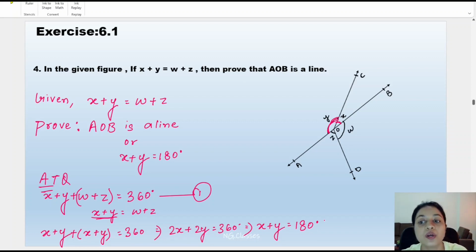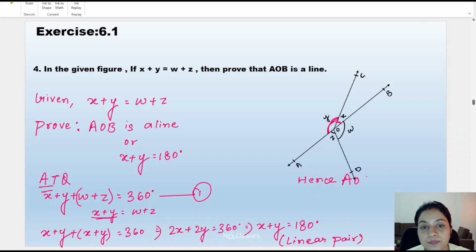That will only show that these two are making a linear pair, and hence AOB is a straight line. So it's making a linear pair, or we can also write the axiom which we have already discussed, and from there we can write: hence AOB is a line.